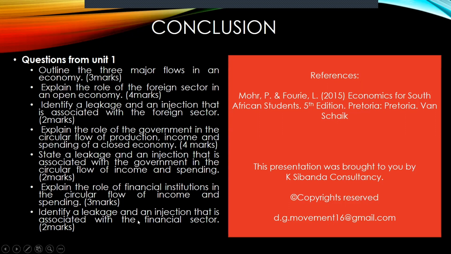And then it's obviously the next question is testing us whether we know between investment and savings, which one is a leakage, which one is an injection. Investing is injection and savings is leakage. Yes. So you see, we have summarized the whole unit.